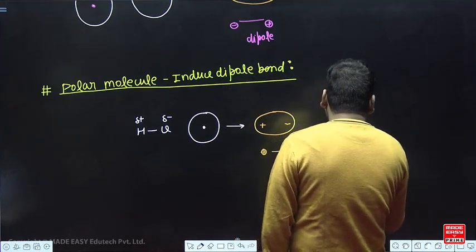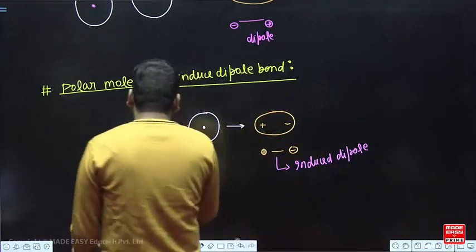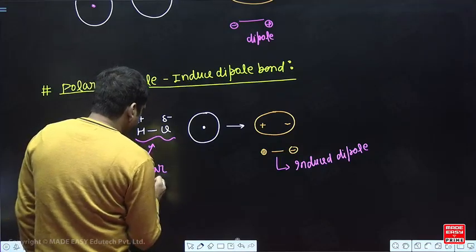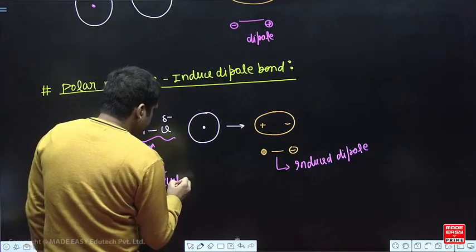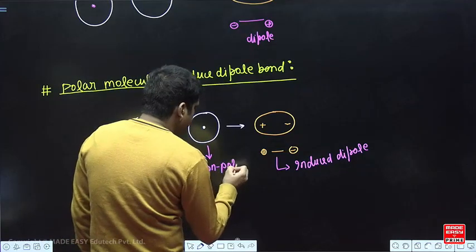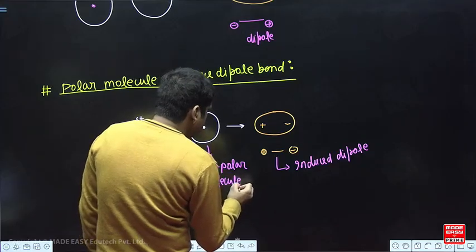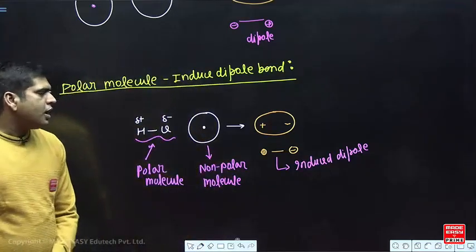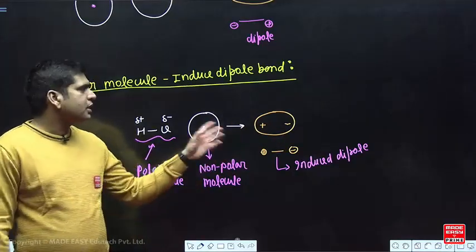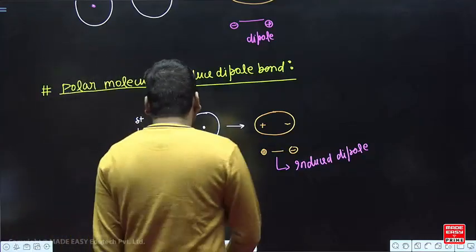And what is the reason for inducement of this dipole? This polar molecule is inducing the dipole, and this is a non-polar molecule. So a polar molecule is inducing a dipole in the non-polar molecule, and because of this you will have some van der Waals bonding, and that kind of bonding is known as polar molecule induced dipole bond.